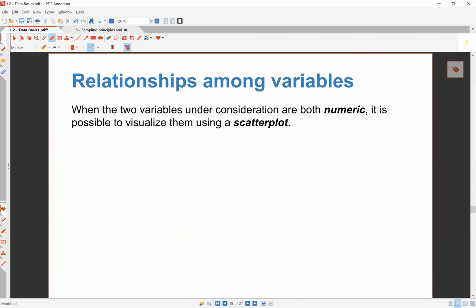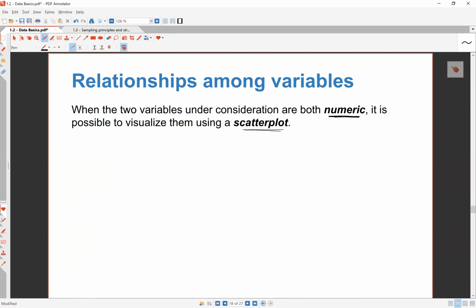So the way that we start looking for relationships is we have to find a good way to visualize our data, right? Especially if you are collecting two numeric variables. Then the way we can visualize them is using something called a scatter plot.